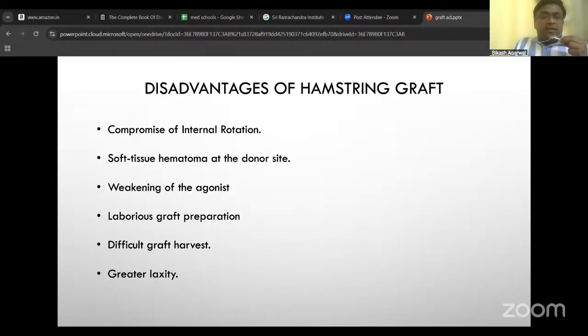That's why some surgeons don't prefer a hamstring graft. The graft preparation is laborious, and harvesting also has some amount of learning curve, and there are chances of graft laxity which is more when we compare it with bone patellar tendon bone graft.